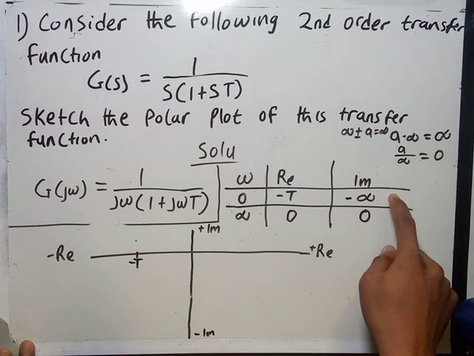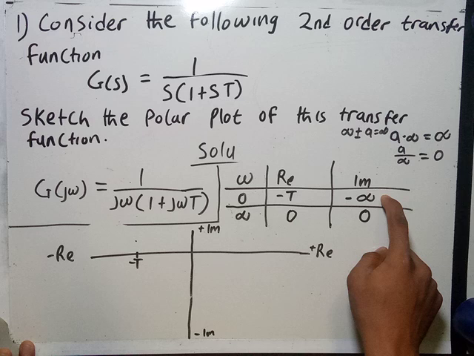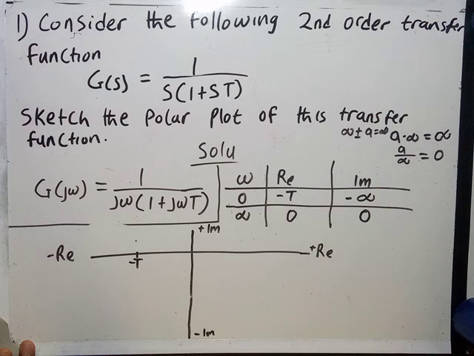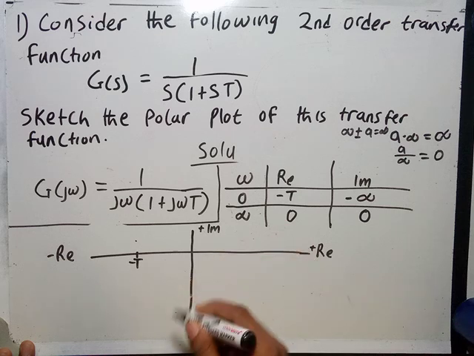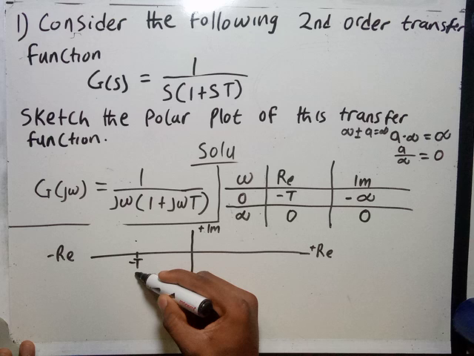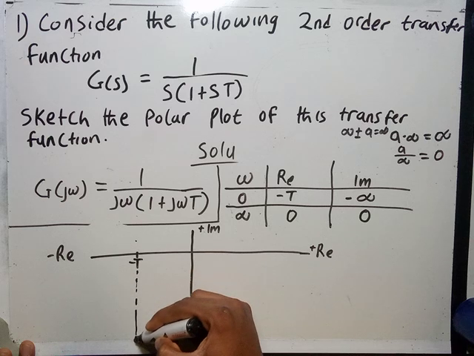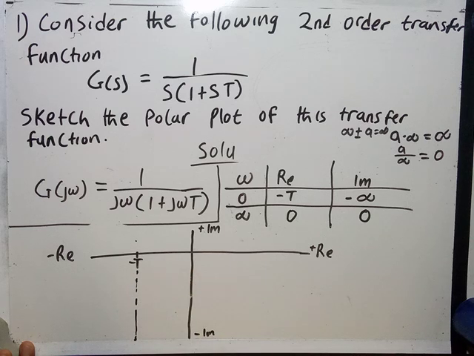Our imaginary number is going to be minus infinity. So minus infinity will definitely be to infinity. So we'll just trace our line. We don't know where infinity will be. We will just decide to call here infinity, but we don't normally see infinity, so you don't know a particular value to give it.